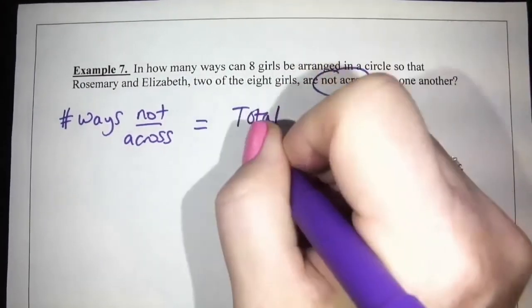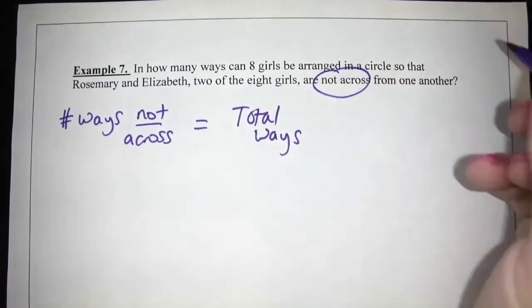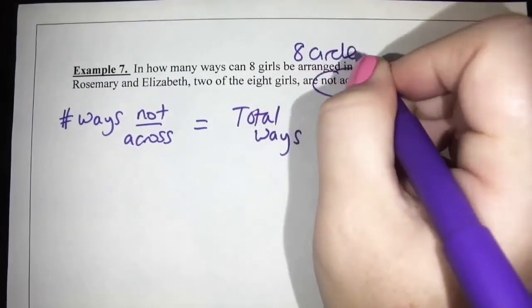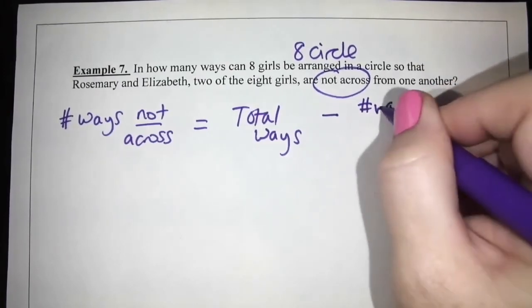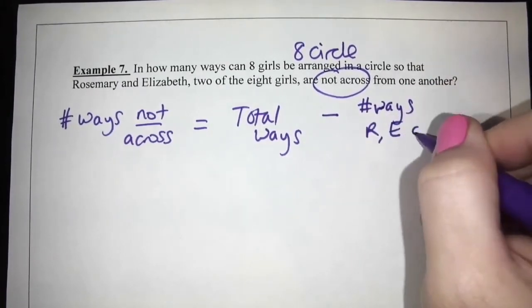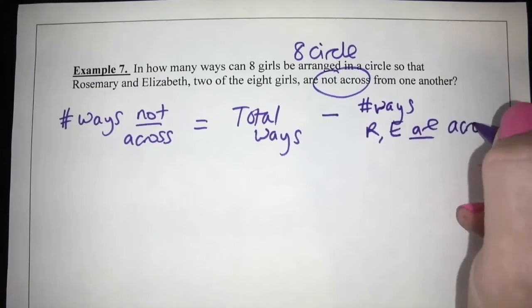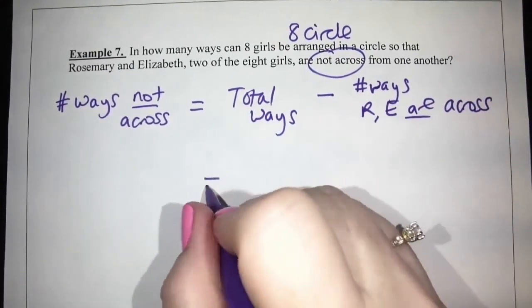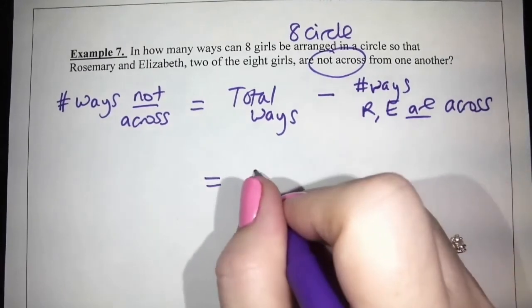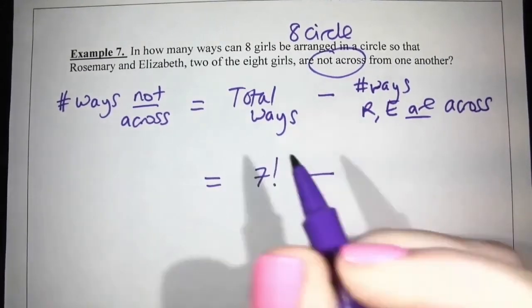So we take the total ways to arrange 8 girls in a circle, and we take away the number of ways that Rosemary and Elizabeth are across. So total ways for 8 people in a circle, remember, is not 8 factorial, it's 7 factorial.